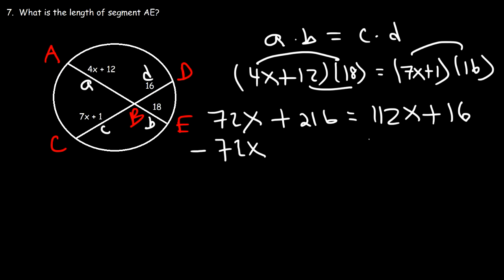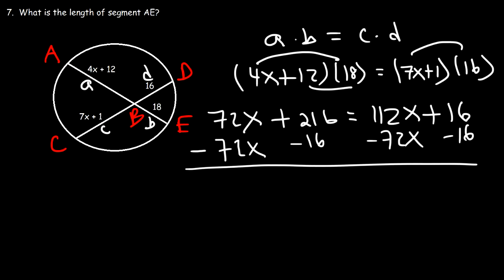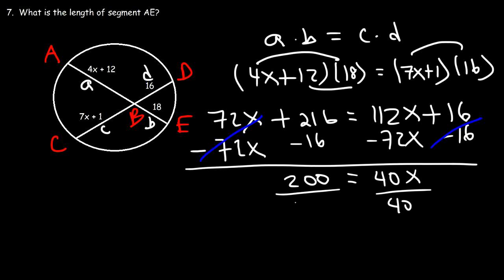Let's subtract both sides by 72x and by 16. So 216 minus 16 is 200. And 112 minus 72 is 40. So 200 divided by 40 will give us the value of x. And so x is 5 in this example.